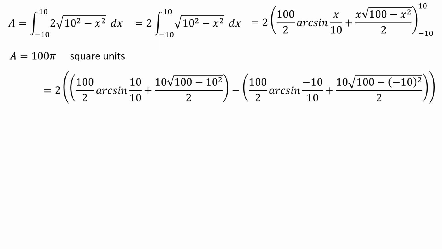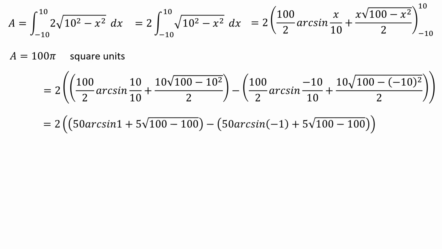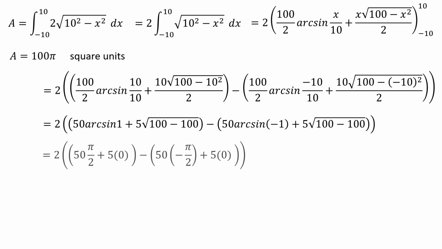So everywhere I see an x, I can plug in positive 10. Everywhere I see an x, I can plug in negative 10. Go through and do some simplification. And then, surprise, surprise, look at all of the zeros we have. 5 times 0 was 0.